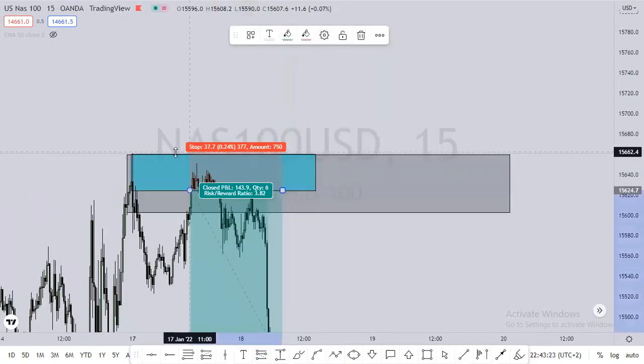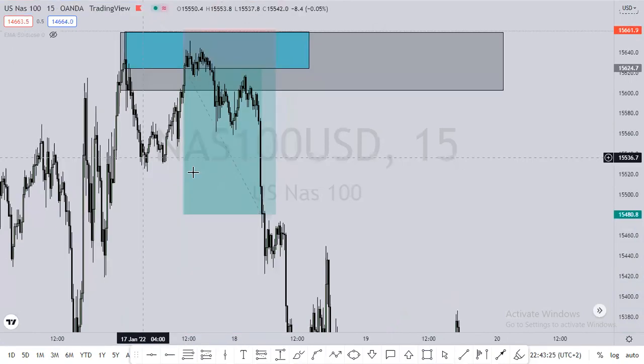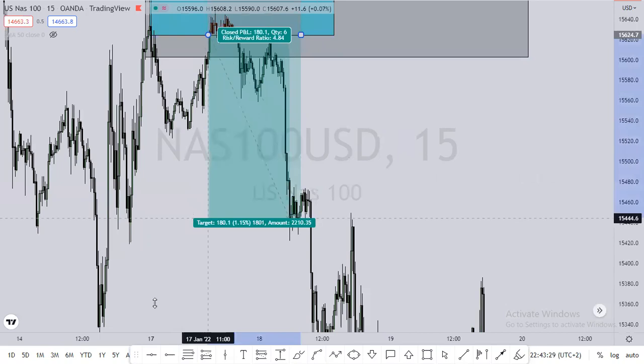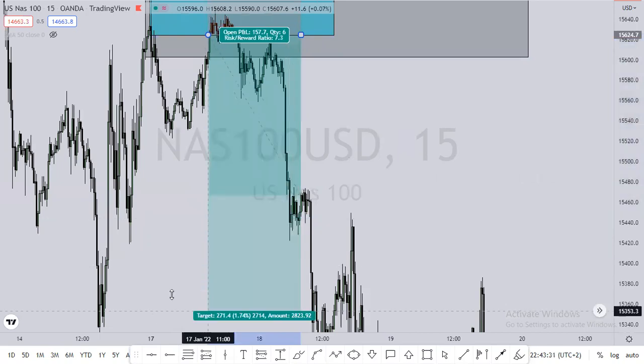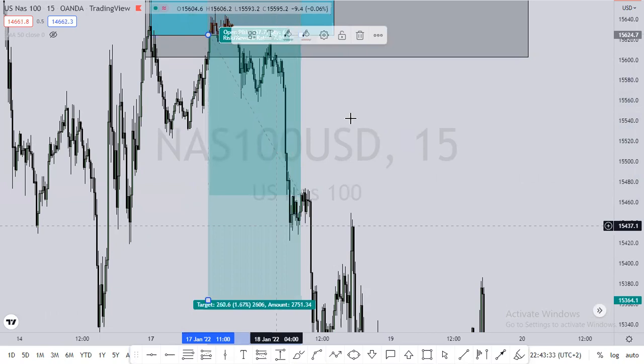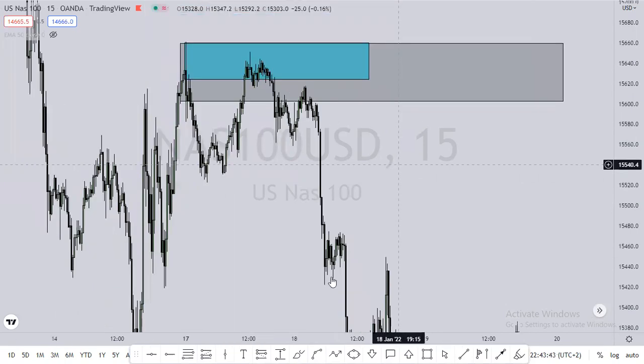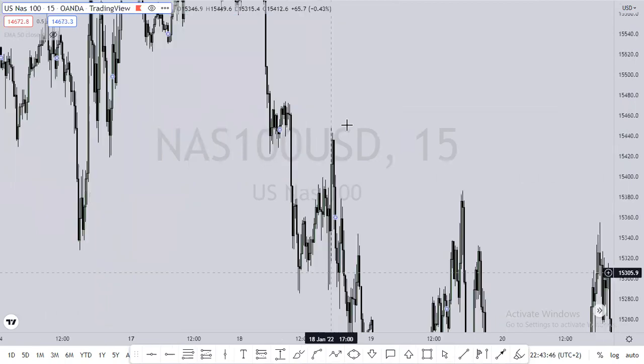Beautiful. 30 pip stop, quite a wide stop for Nasdaq. TPs, you choose 80, 180, 280, you choose. In 100 intervals: 80 pips, plus 100 pips, plus another 100 pips. Beautiful.